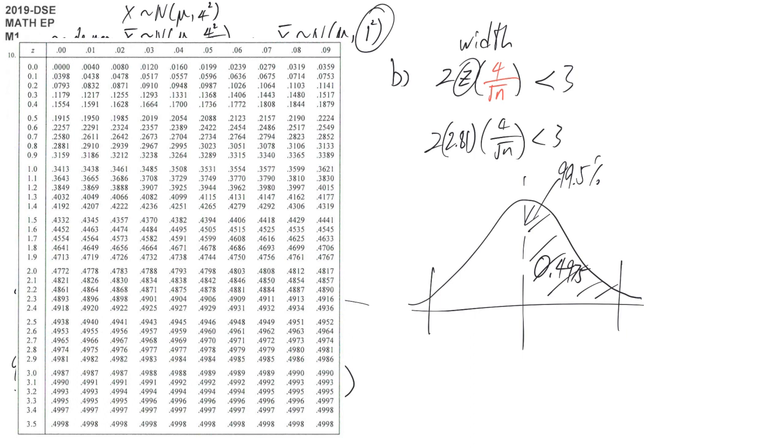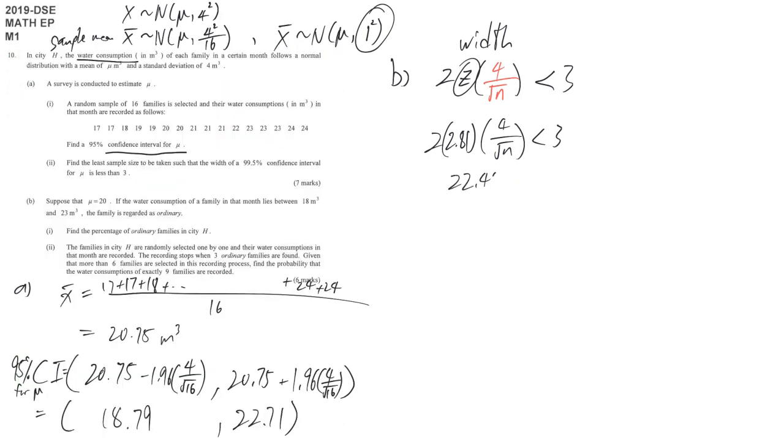Then we have an inequality with n only, so it's easy to find. Both sides times square root n. Since square root n must be positive, it won't cause any effect on the inequality symbol. Square root n is larger than 7.49333 something.